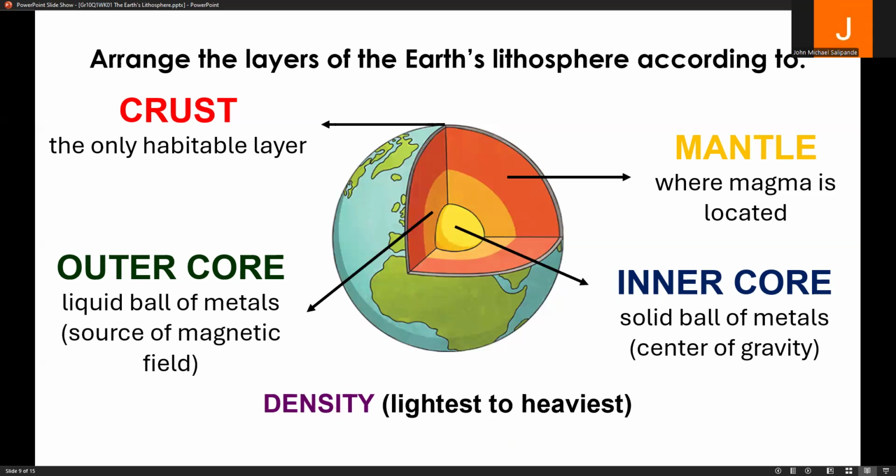And below it is the mantle, and below mantle is the outer core. So that makes inner core the heaviest of the four layers. So density trends follow the depth trends as well. They have the same trajectory basically.